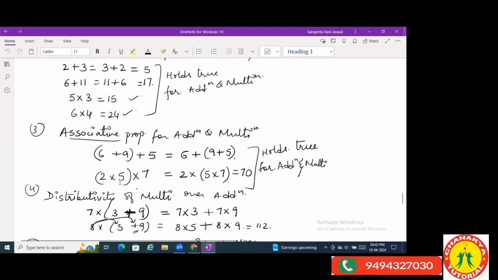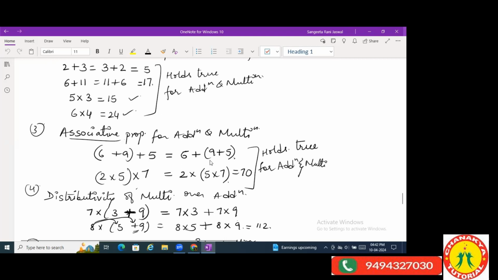Then next we studied was associative property for addition and multiplication. This is that when you add or multiply, you can make groups, taking groups in any order. Suppose you have taken two numbers in one group and added with the third number, and on the other side you have taken the other two numbers in one group and added with the third number, your answer is the same. Are you understanding?